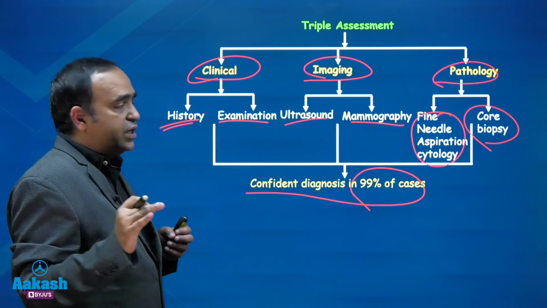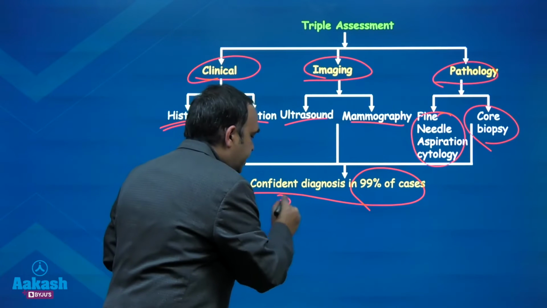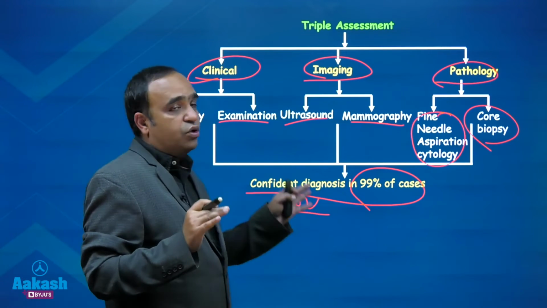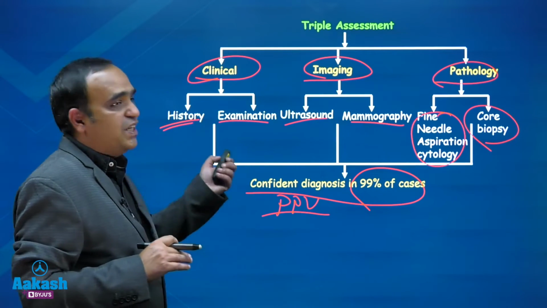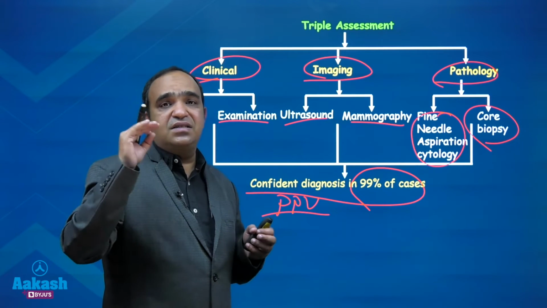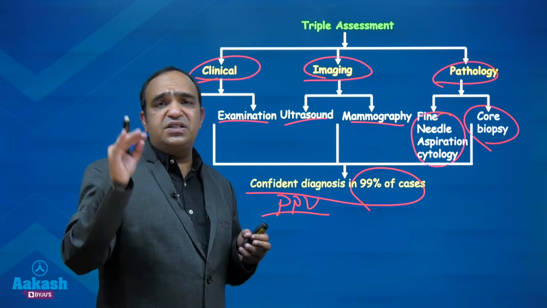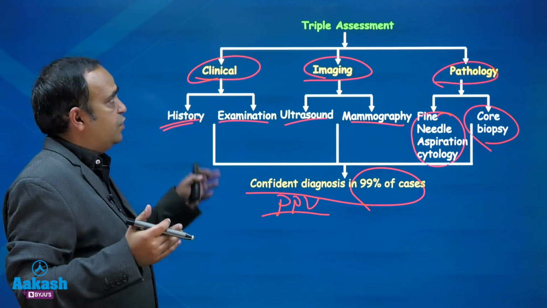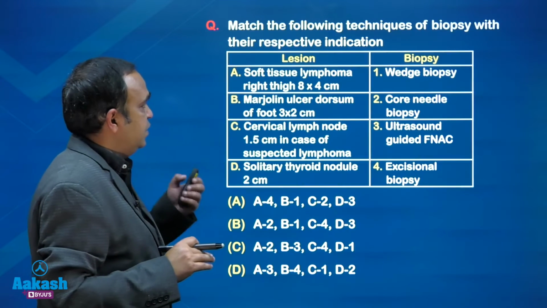The diagnostic accuracy, the positive predictive value, is more than 99% in all the cases. So PET-CT is a part of staging. PET-CT is done to look for distant metastasis that comes later, right? So that's not part of routine triple assessment for the breast lump.